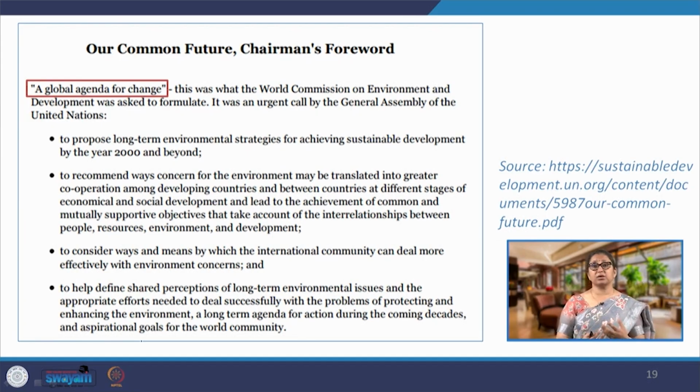Because, as I have already said, sustainable development is not about individuals. It is about everybody coming together. It is about community, societies and people taking collective action, and that is what was realized.